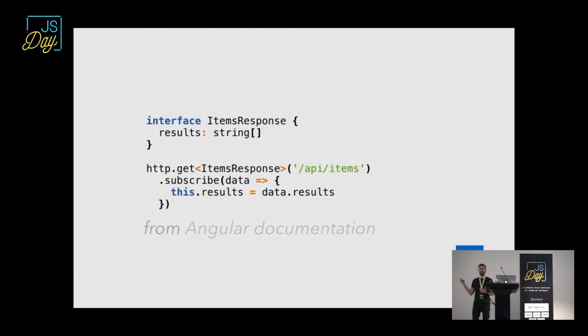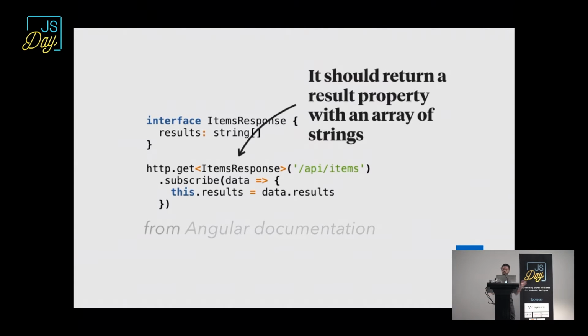For example, in TypeScript, if you go to the documentation of Angular, for example, Angular 2 plus, it's all about TypeScript. So you see something like this. So here you are defining that some response will match a specific contract. That is, I receive results, and these results are an array of strings. That's the way to define that in TypeScript. Okay, that's cool, that's right.